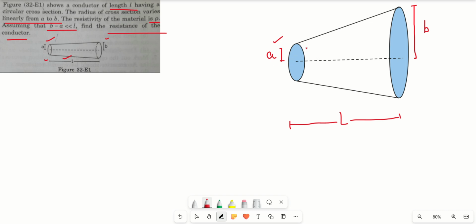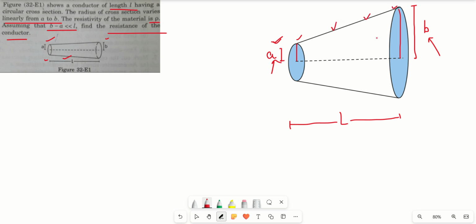Now, what you have to keep in mind is when you are given a question where you have to find something which is varying in value. Let's say in this question you have been given A and B, which are varying, which means the radius of this conductor is different at both the ends. Here it's different, here it's different.